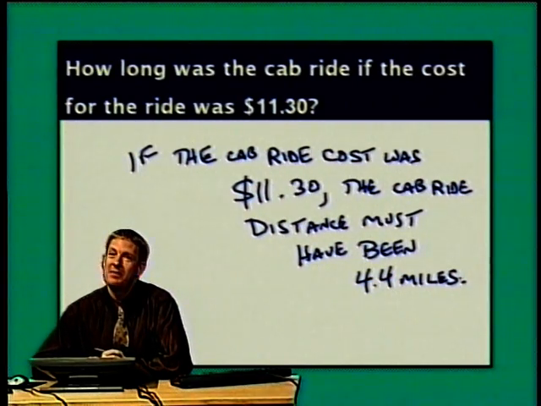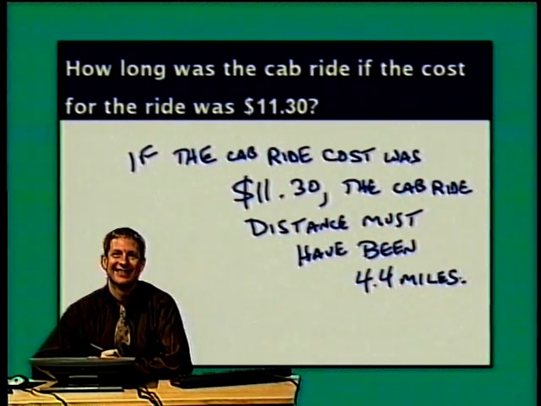Now this may not be the most eloquent sentence you've ever seen written, so it's a good thing that this is math class and not writing class. Just as long as we have a complete sentence that clearly communicates our conclusion, we're fine.